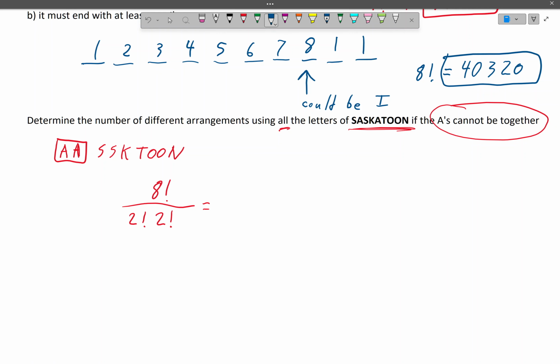What about the favorable, or the total outcomes? Well, the total outcomes is that there are 9 letters over 2 factorial, 2 factorial, 2 factorial. So this is the total. This is the unfavorable.